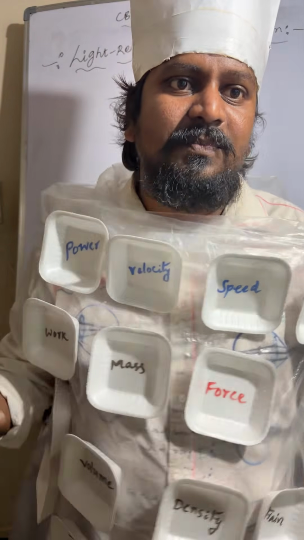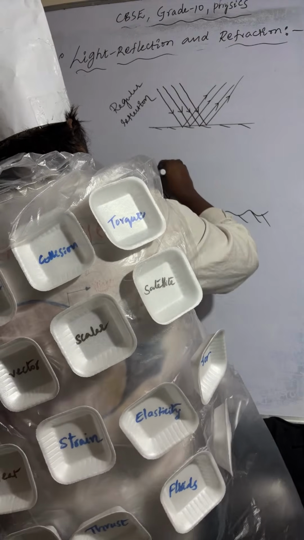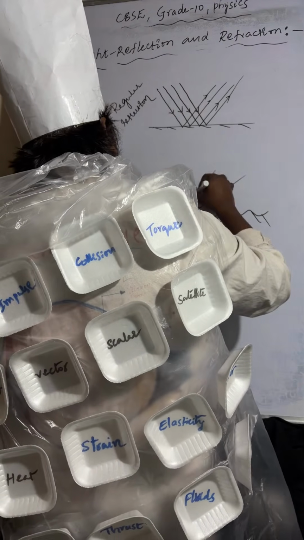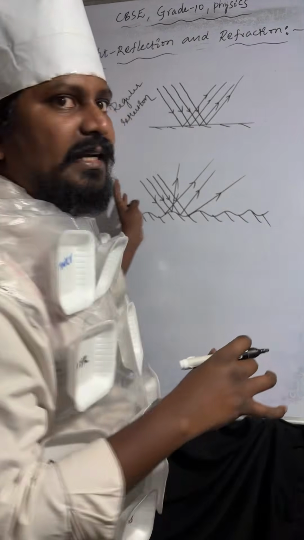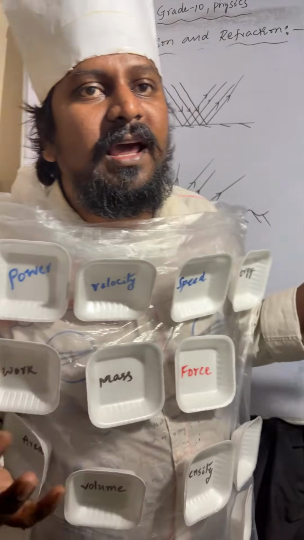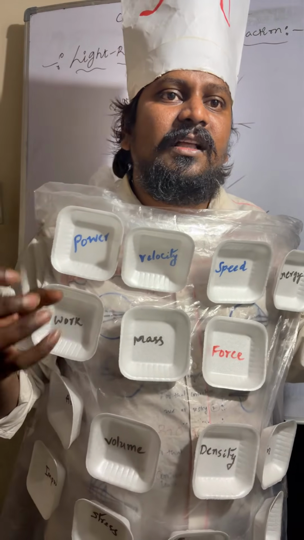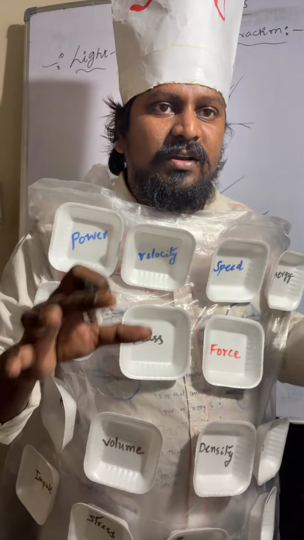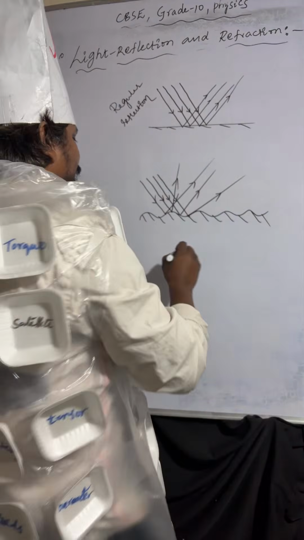This type of reflection is called irregular reflection. Understood? Regular reflection and irregular reflection.